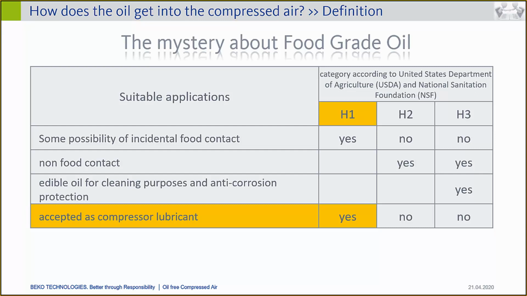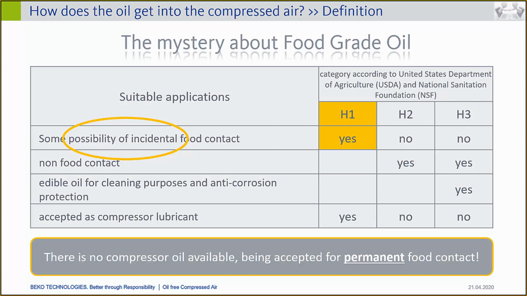This is the only one accepted as a compressor lubricant. Furthermore, the allowed contact with food is also limited. This is indicated here. So even if this oil is named a food-grade oil, the allowed contact is just incidental. It's not allowed that this oil comes into continuous contact with some food application.